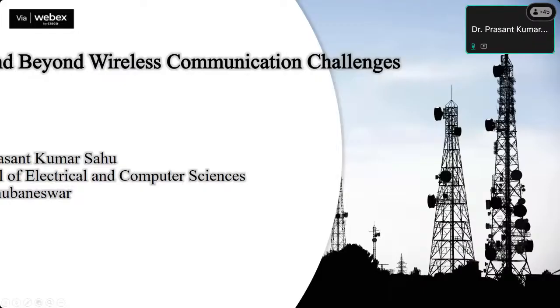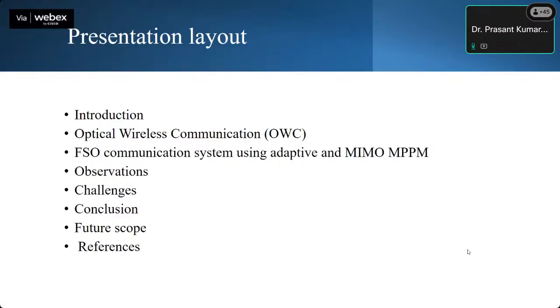So today's topic is about 5G and beyond wireless communication challenges. So I think the slides are visible. As I say, we will start with the intro about optical wireless communications, and then I'll move on to the components of an optical wireless communication system.